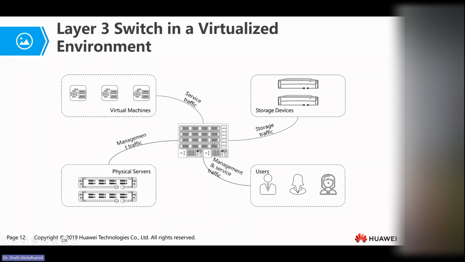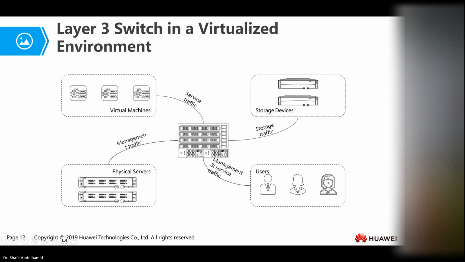The connection between a layer 3 switch and a storage device sends and receives what is called storage traffic. Basically, this is data information that is to be stored in a certain storage device, for example, a data center or any type of storage device that we have.